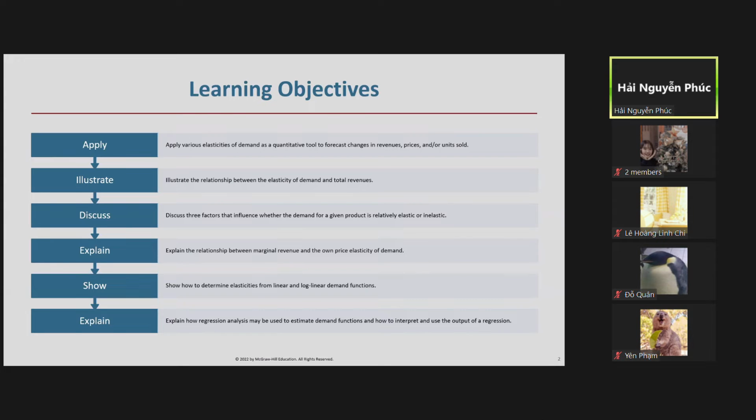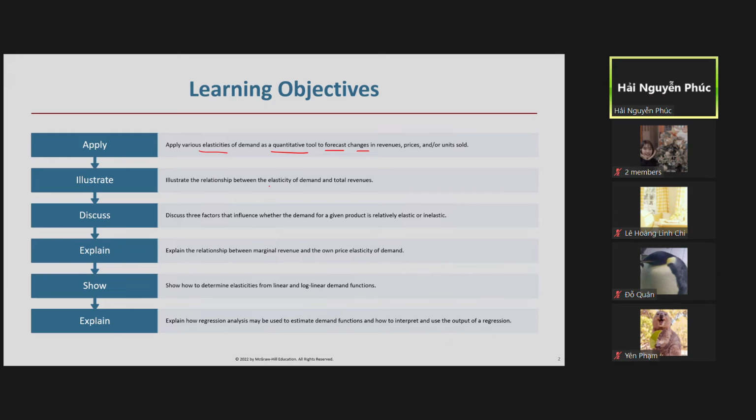Now let's take a look at the key learning objectives for chapter number 3. First of all, we are going to give the definition of elasticities. We are going to look in more detail at the elasticity of demand, and we're going to apply it as a tool to forecast changes in revenue.